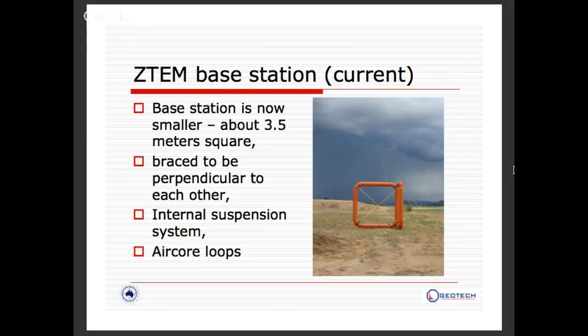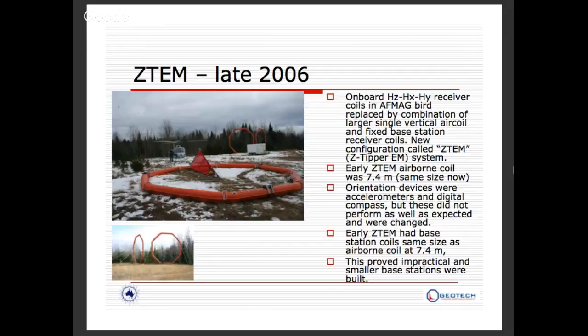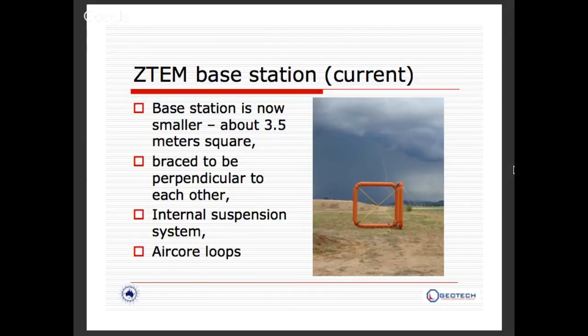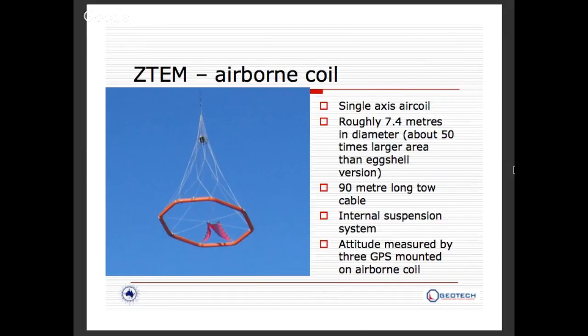This one was working for a while, and also from the previous imaging we can see why we started with 3 systems, because it was 1, 2, and 3. We already have the 3 airborne loops. Then we developed those new bases. This one is the second generation of bases that were used for production and for selling surveys. And this is the flying loop, the airborne loop.